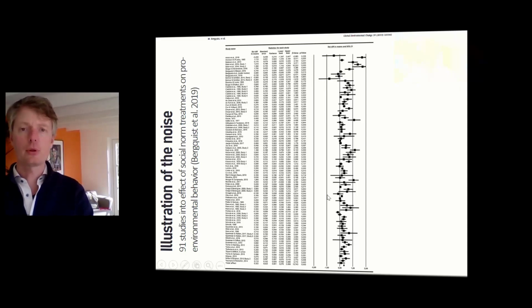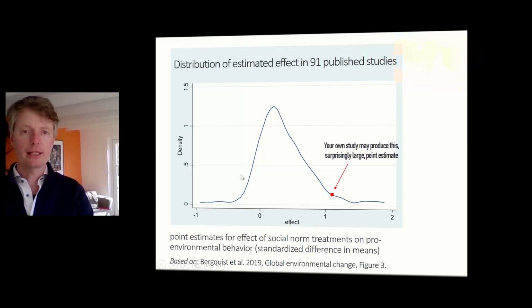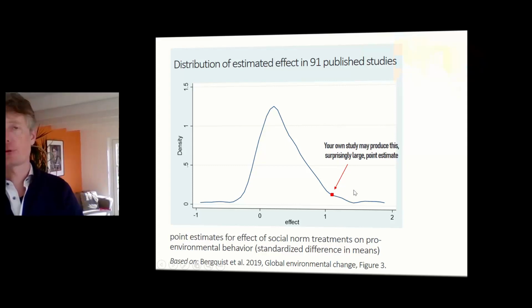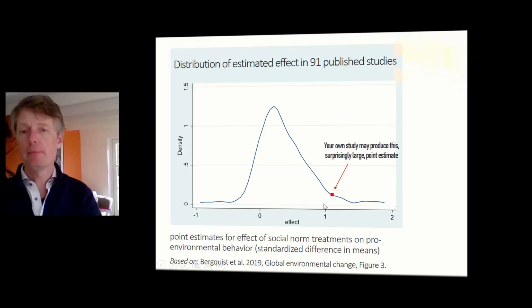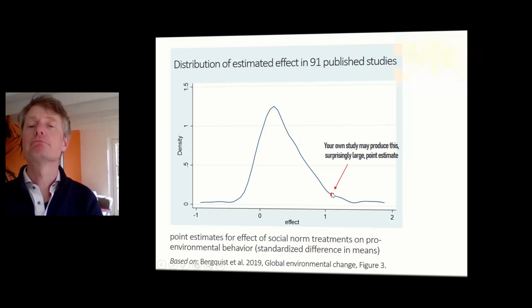So if you plot those findings, which I actually did for you, then you see that there's quite some variation among those studies. And it may well be that if you add your own study, so you have some kind of nudge that supposedly affects pro-environmental behavior, you end up here. Right? So you find a large effect.